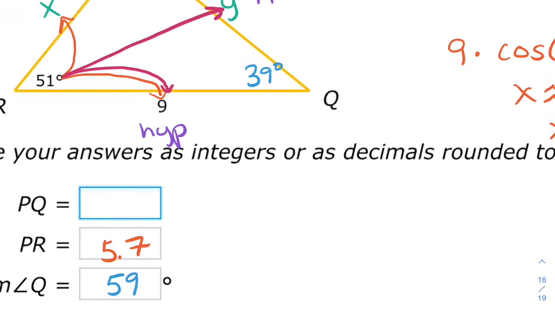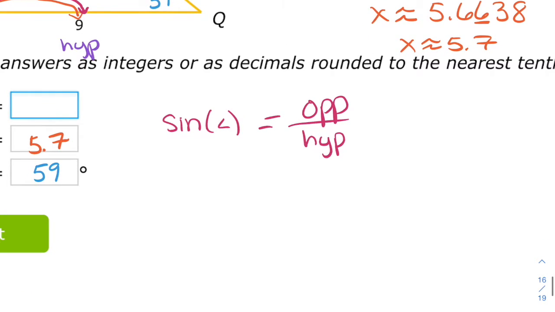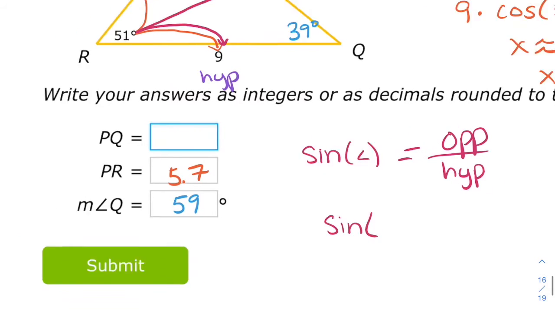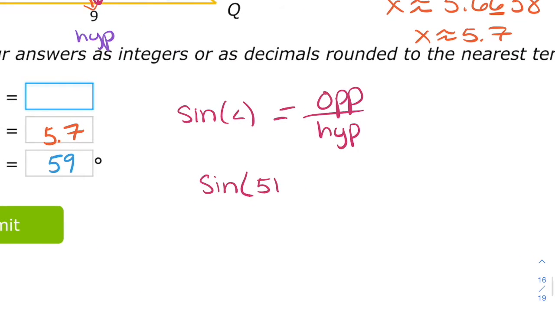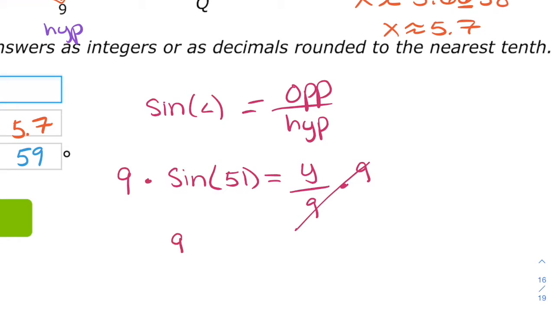The opposite over the hypotenuse is the sine function. So it's sine of 51 degrees equals the opposite side, we'll call that y, over the hypotenuse, which is 9. So multiply both sides by 9 to get 9 away from the y. So we get 9 times sine of 51 degrees.